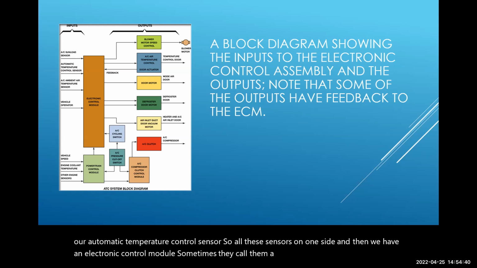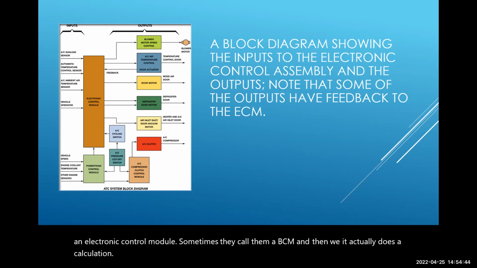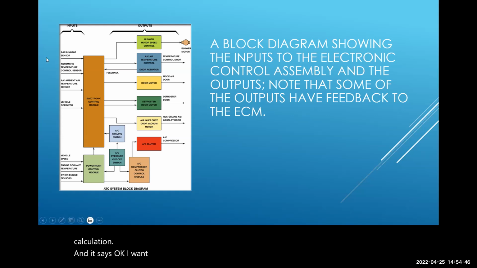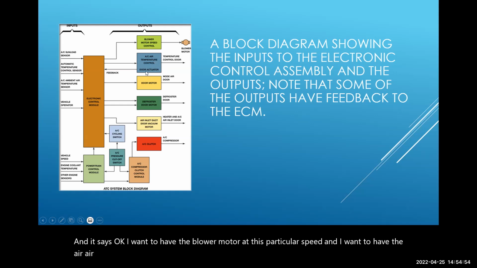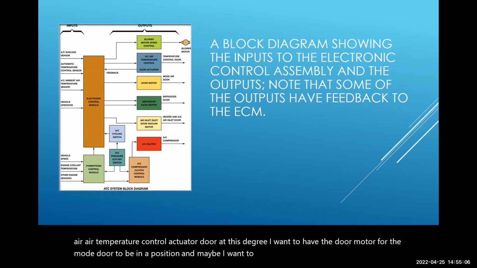And then it actually does a calculation and says, okay, I want to have the blower motor at this particular speed. And I want to have the air temperature control actuator door at this degree. I want to have the door motor for the mode door at a certain position. And maybe I want the defrost door on.